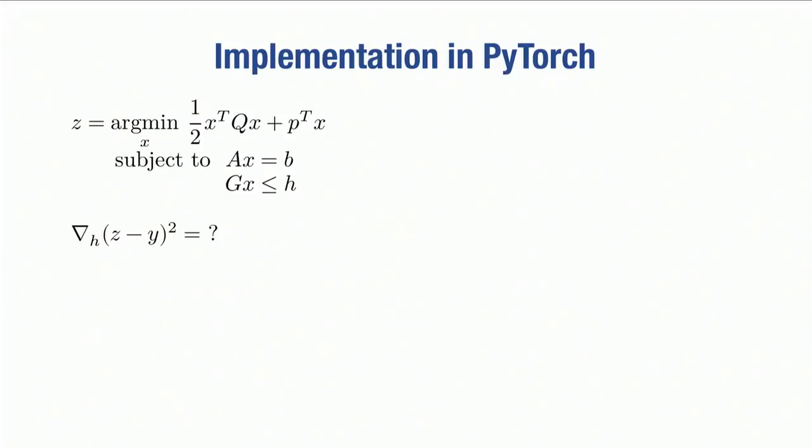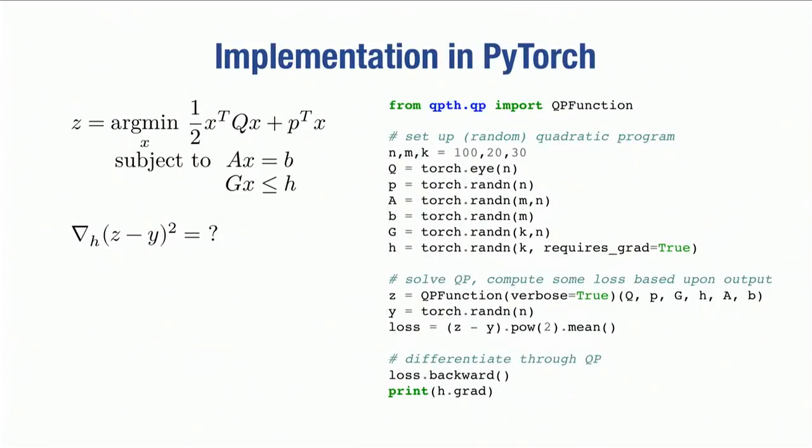But the thing that I actually want to emphasize here is just how easy libraries like PyTorch made this back in the day when we were first doing it. I think a lot of libraries can do this now, but back in the day when we were first developing this, Brandon and I, there weren't a lot of tools that let us do this. And the wonderful thing about PyTorch libraries, they let us basically write this layer. Here it's all kind of set up here except for that QP function call there.